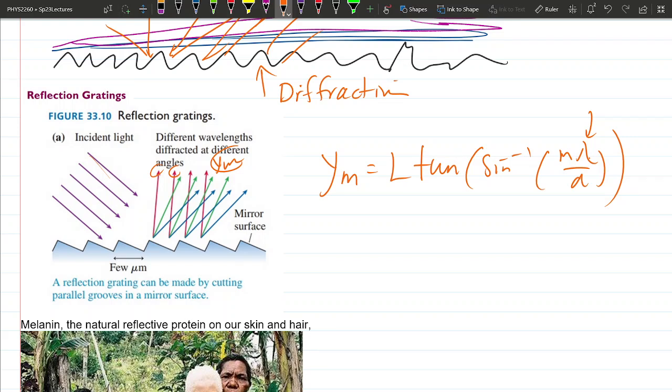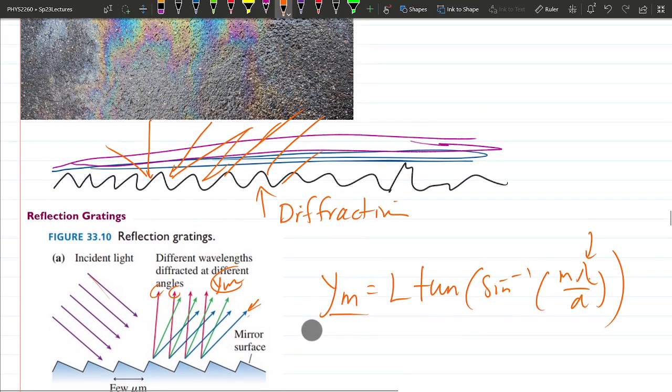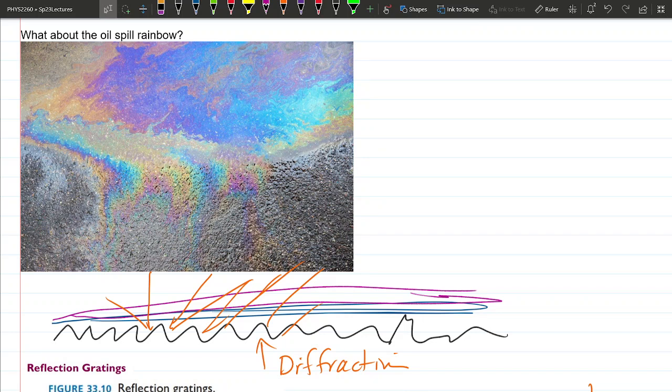The shorter wavelengths, for example blue light, will have a smaller y, and that's why the colors get separated. When you have water and oil on the ground, it separates the different colors, which is why it looks like a rainbow.